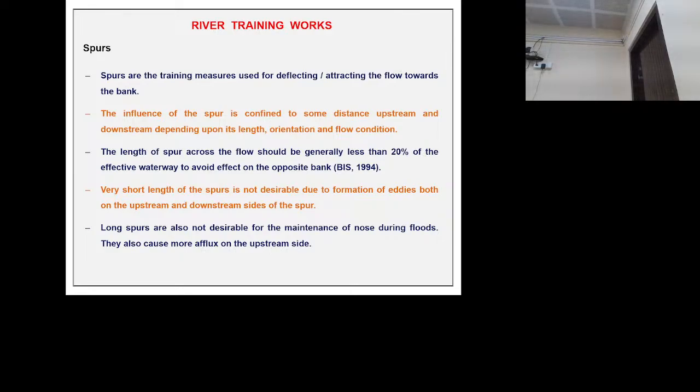The direction of flow should be the flow direction. Means water will come like this and it will come to the bank.